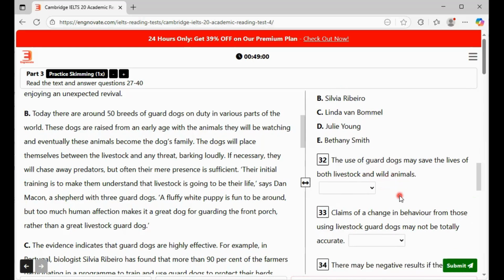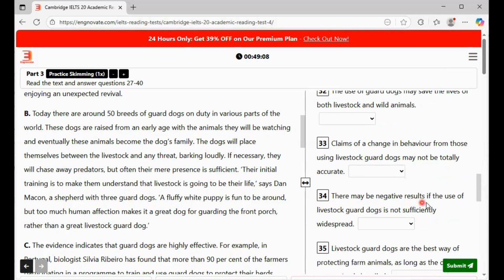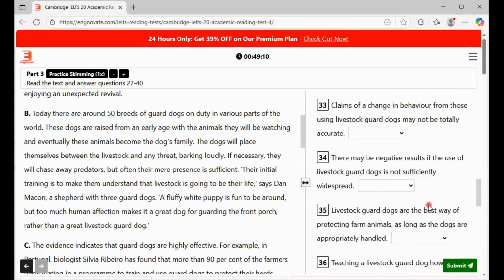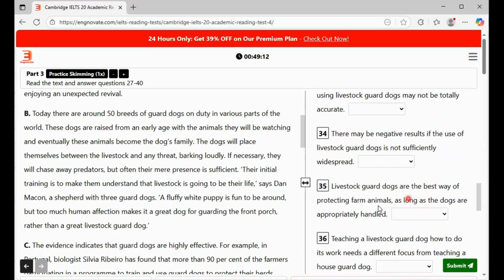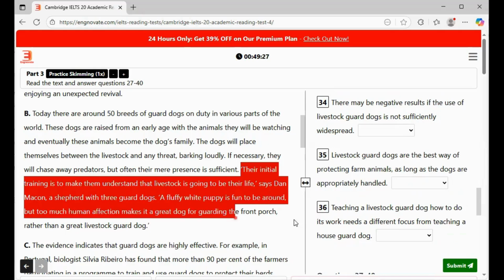I'm not sure of that. Claims of change in behavior. No. Negative results. No. Livestock guard dogs are the best way to protect as long as the dogs are handled appropriately. Handled appropriately. No, there's nothing about handling here.